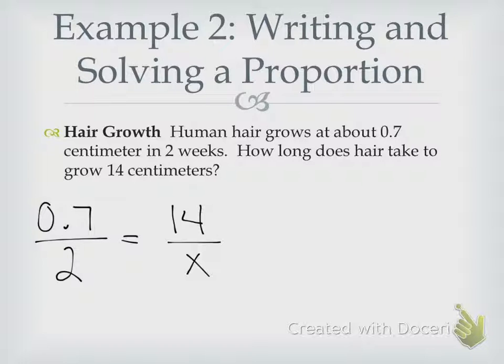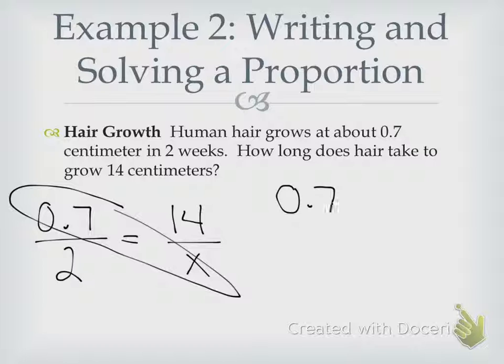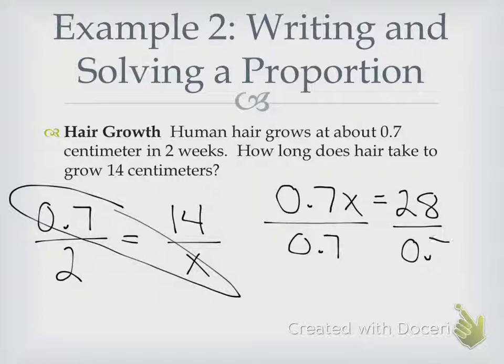All right, and now I can do my cross products. What is 0.7 times x? 0.7x. And then what's 14 times 2? 28. Divide by 0.7 on both sides. x equals what?